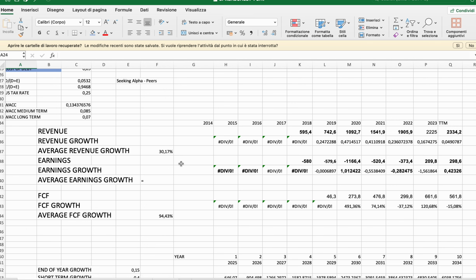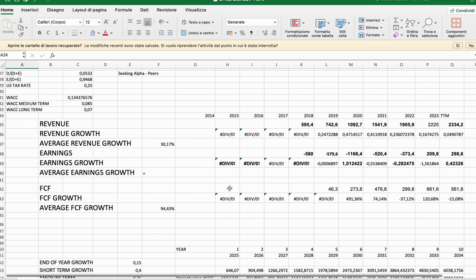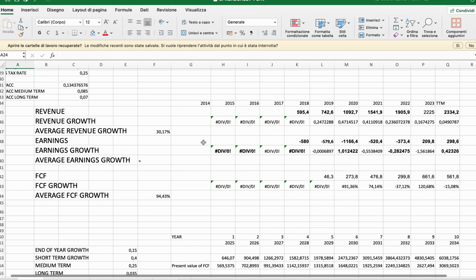We don't have that much data going backwards for Palantir because it's a relatively new company and it hasn't been listed for so long. But we can understand some of the trends. We can see how it has performed over the years. It has grown a lot, really a lot, and I think it can continue to do so.